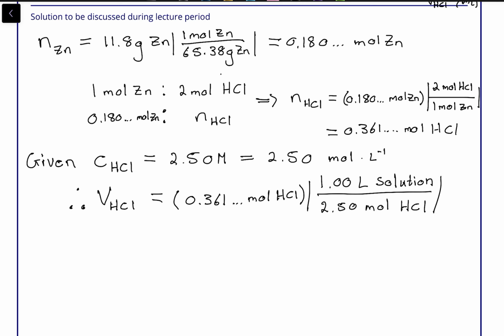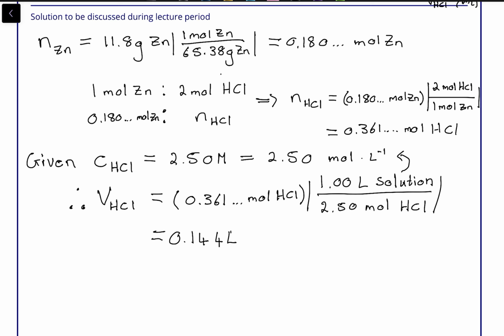Because that is exactly what this tells us. For every 1 liter of solution, there is 2.5 mole of HCl. It's a unit conversion factor that you know.